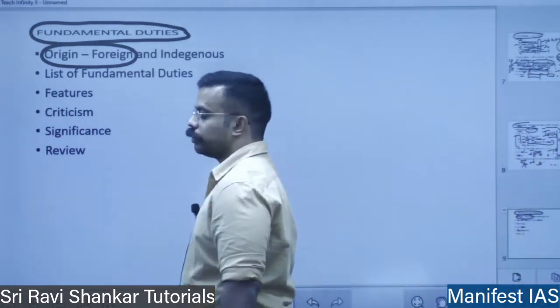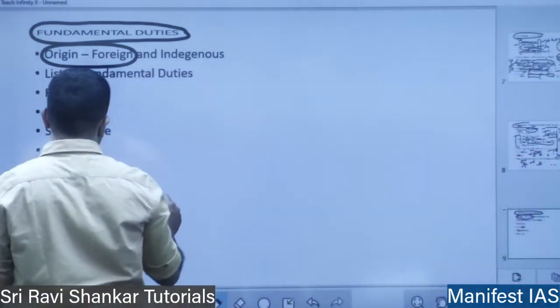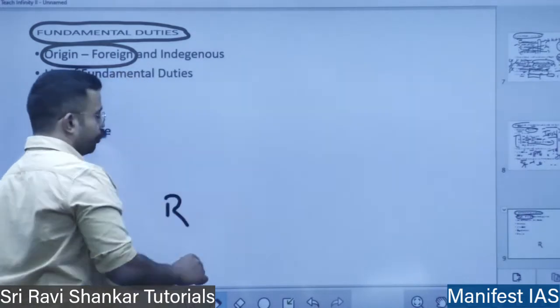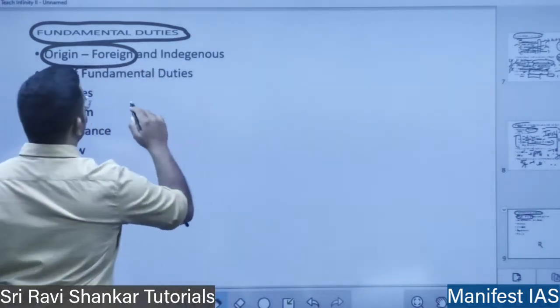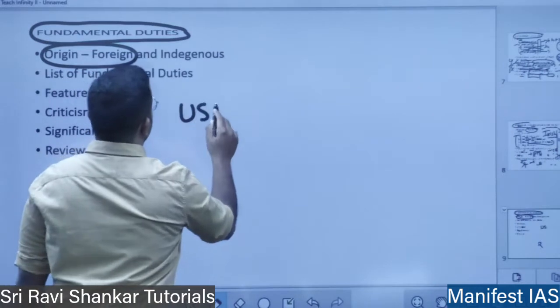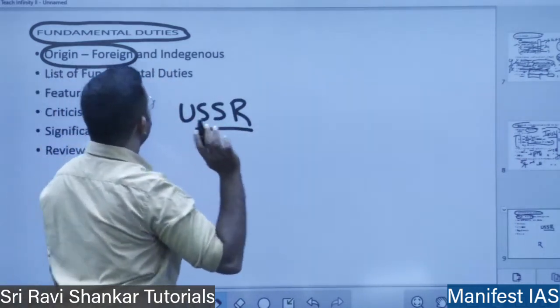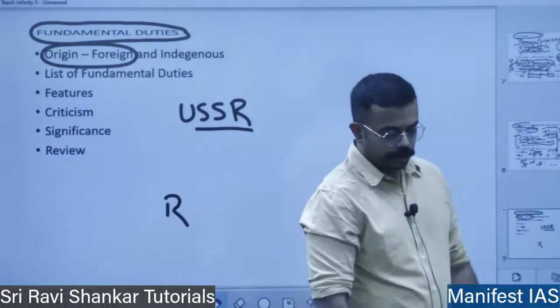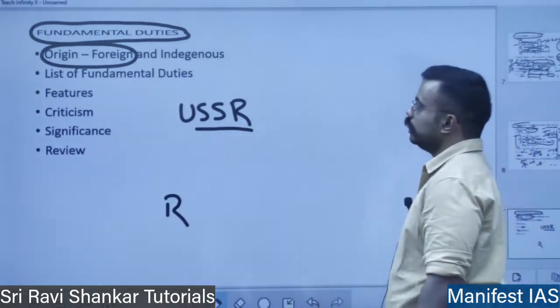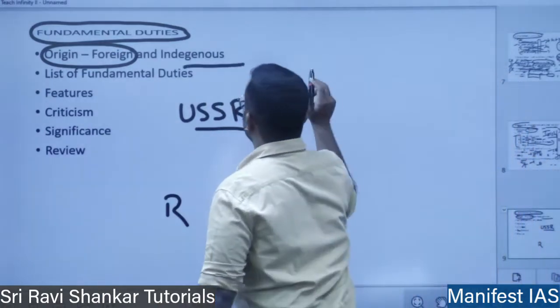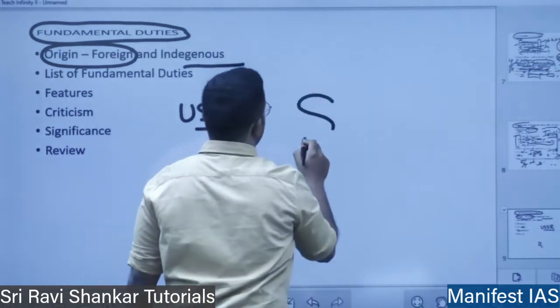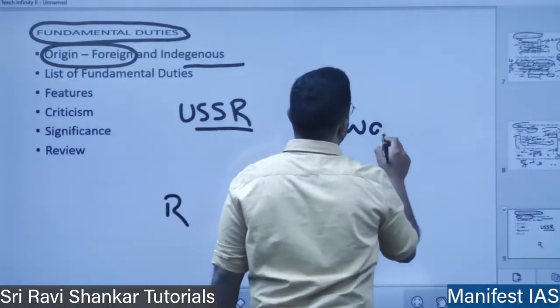So, which country is now USSR? Russia forms the major part. Soviet Union, USSR is the Soviet Union. That is where we have taken the fundamental duties from. Also, it has an indigenous origin. So, we have the Swaran Singh Committee.